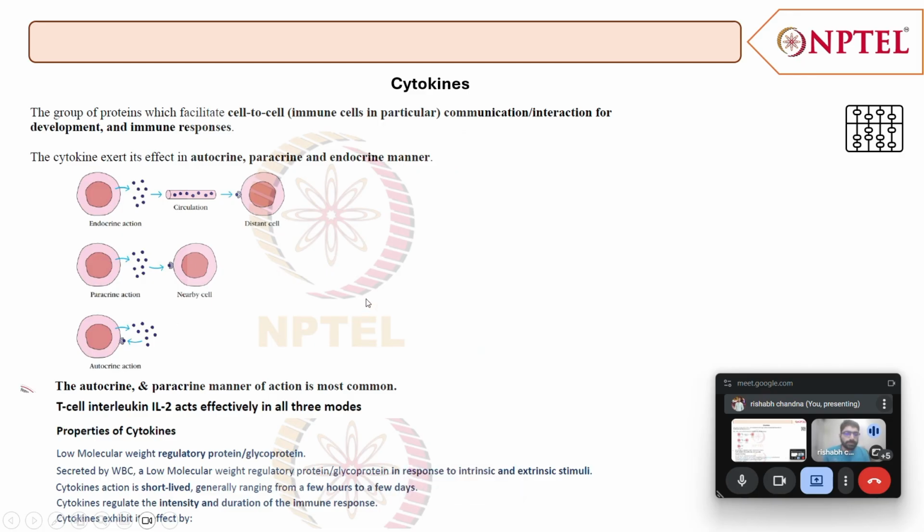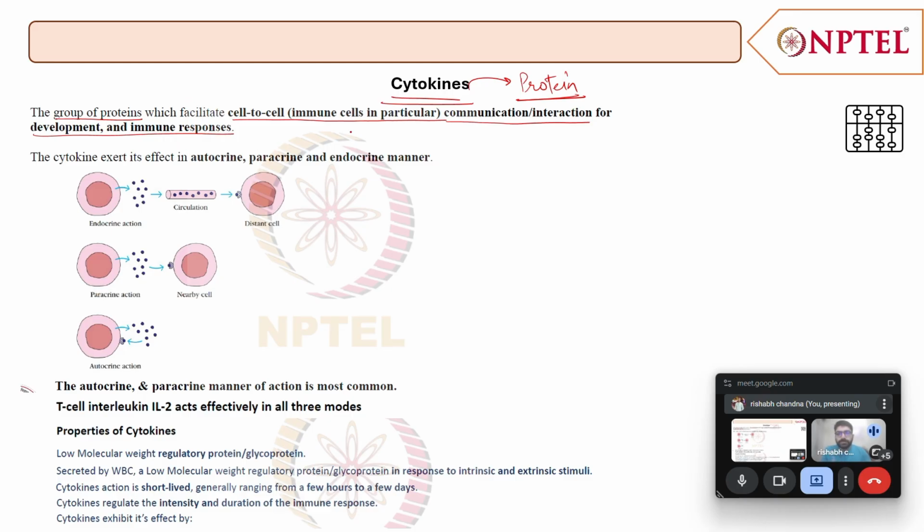Okay, so what are basically cytokines? Cytokines are a group of proteins, so they lie in the protein fraction of the biomolecules in our body, which facilitate cell to cell interaction, that means immune cells in particular. Communication or interaction for development and immune responses.